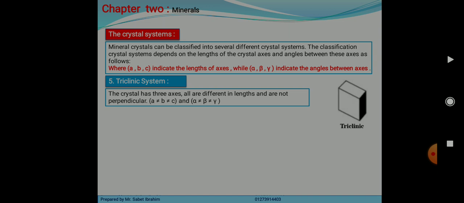The angles between these axes also are different.